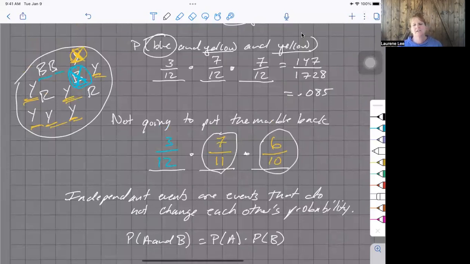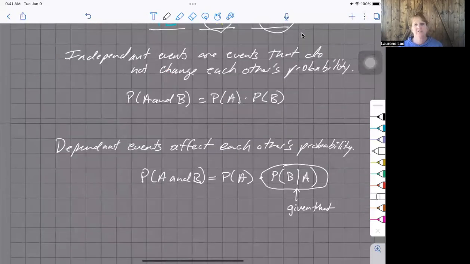So in that sense, it looks like a different formula, but it's not really. You're just taking into account how your sample space changed. So sometimes what I'll say is for and problems, you multiply the events, but take into account if you're not replacing something or if something changes, okay?